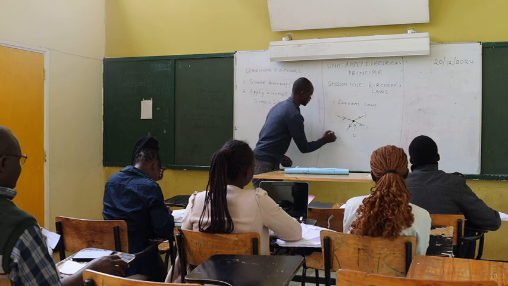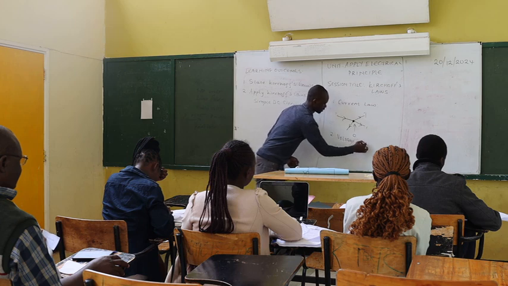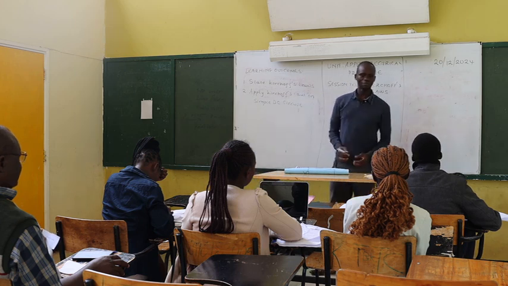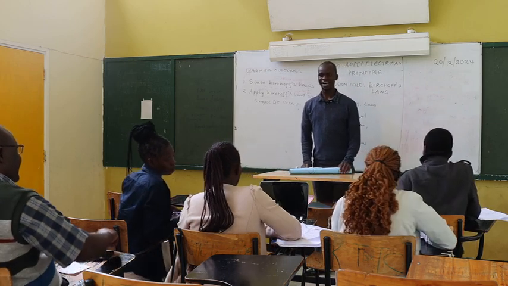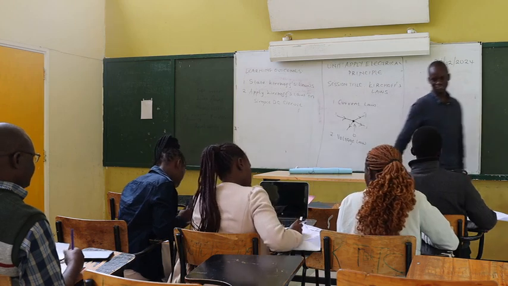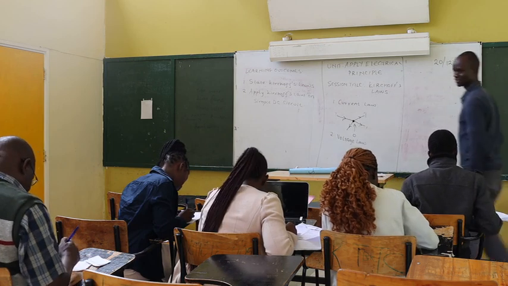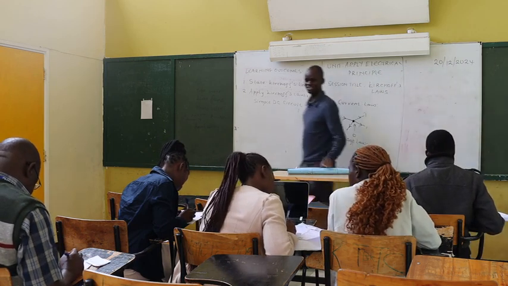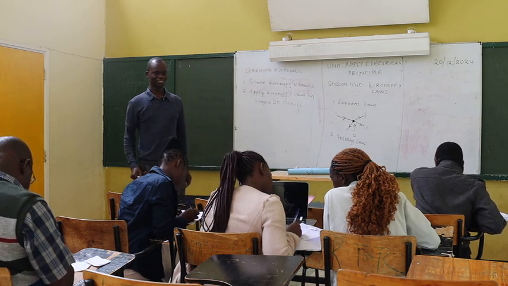So we go to voltage law. I would like you to think, then you pair and you share on Kirchhoff's voltage law. So write on the piece of paper. Good.